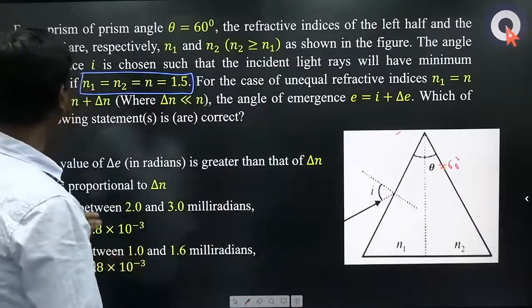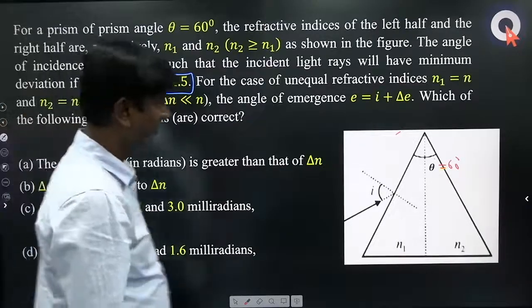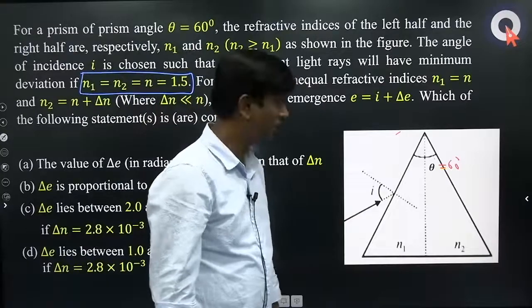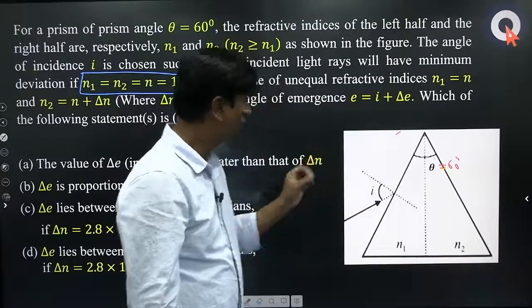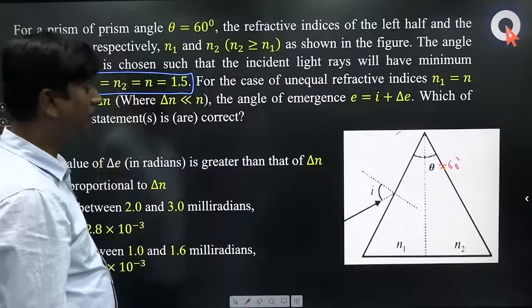The angle of incidence I is chosen such that the incident light rays will have a minimum deviation. You are choosing this I in such a way that it will have a minimum deviation, if N1 and N2 both are equal to 1.5.